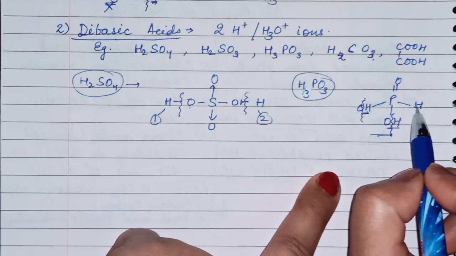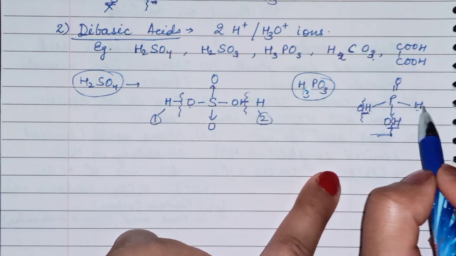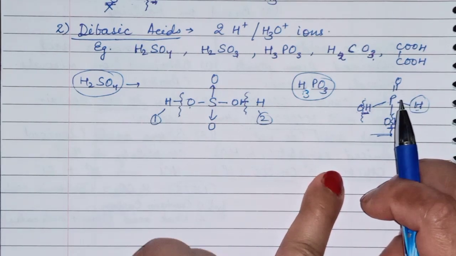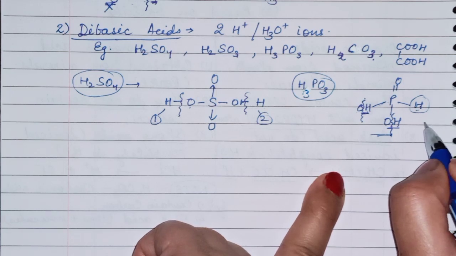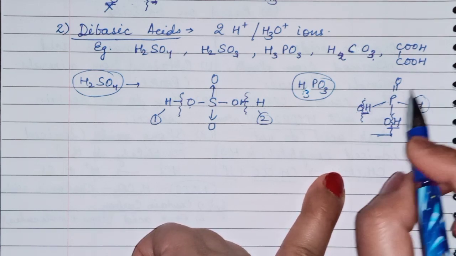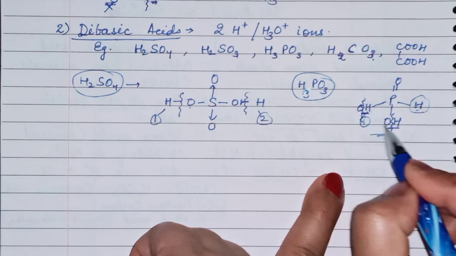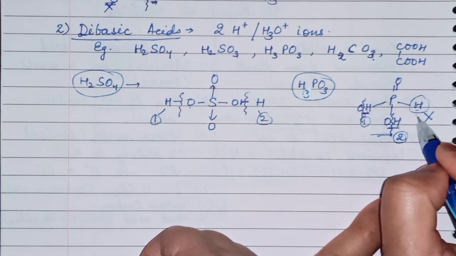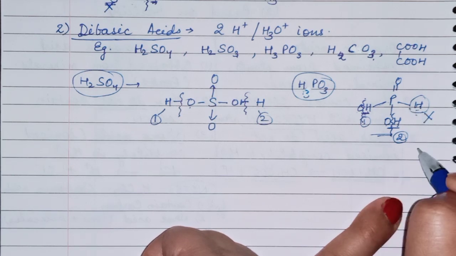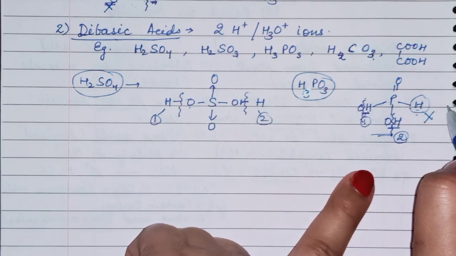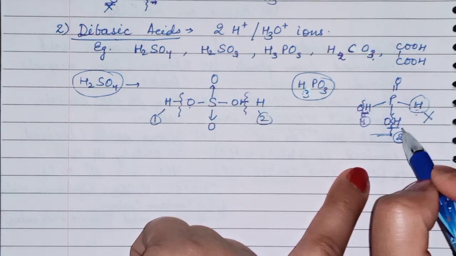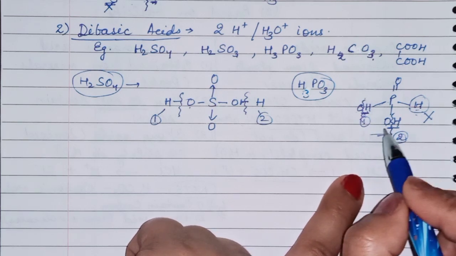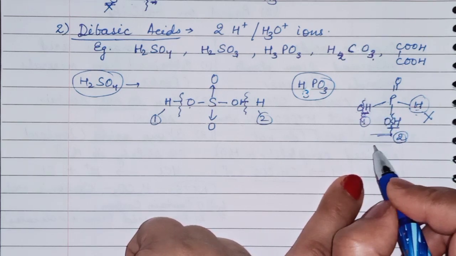But here hydrogen is directly linked with phosphorus, so it cannot dissociate. It is not replaced. So you are getting one hydrogen here and a second hydrogen here, but you will not consider this one because no oxygen atom is present with the hydrogen. Though it has 3 hydrogens, out of 3 only 2 are attached with oxygen. That's why its basicity is 2, dibasic.